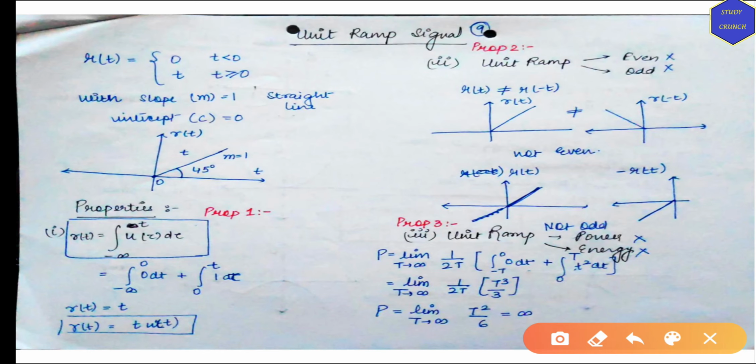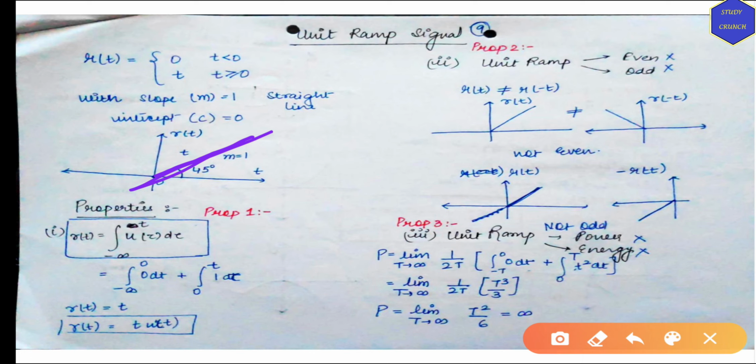Starting off with the ramp signal. Ramp is given as r of t equal to t at t greater than or equal to 0. It is inclined at 45 degrees with a slope of 1. Now the property is, if we integrate the step function, then we get a ramp.